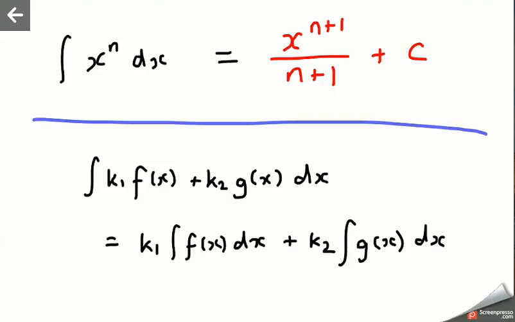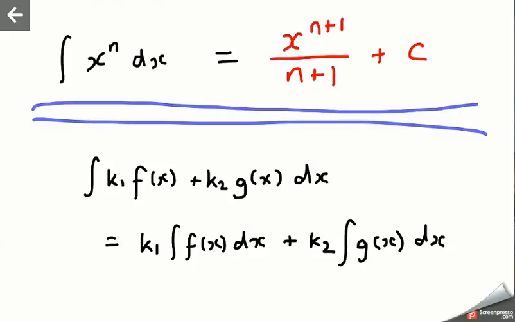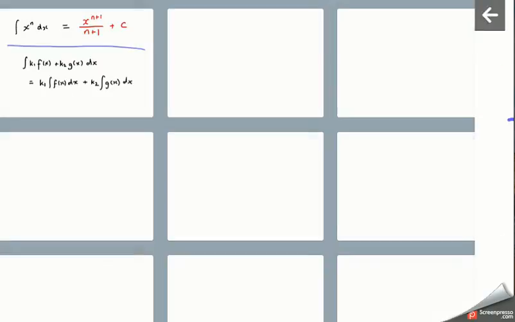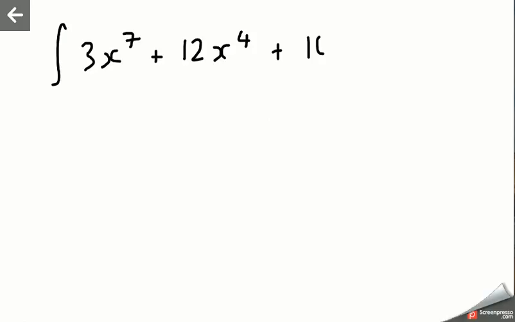Combining that with what we're going to call the reverse power rule here, we can actually find the antiderivative of any polynomial we like. For example, let's go ahead and find the antiderivative of 3x to the power of 7 plus 12x to the power of 4 plus 10x squared dx.